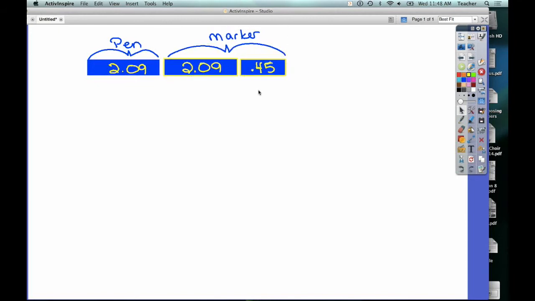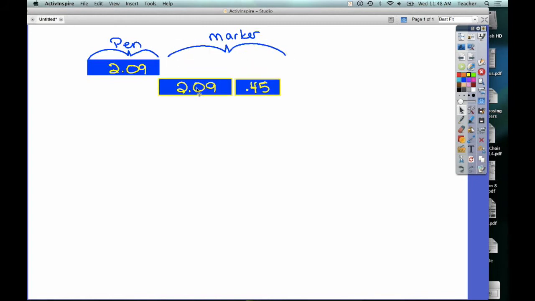That's not going to work for me. Okay, board, do your magic. There we go. Okay, if I were to take the marker and pull it down, look at the image. Look at the picture. Which one's more? Everybody, which one's more? The marker. How much more?